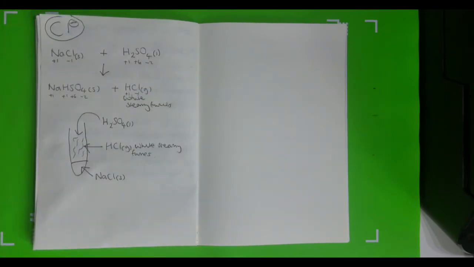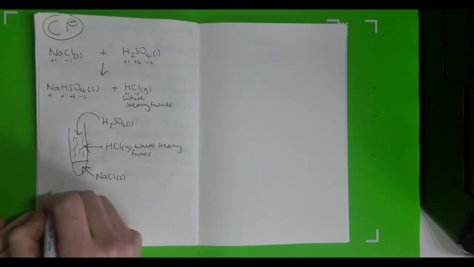So you can see there's no change in oxidation states before and after. Sodium is +1 before and after, hydrogen stays +1, chlorine stays -1, sulfur stays +6. Now if there's no change in oxidation state, then it's not a redox reaction. So this is not a redox reaction because no oxidation state has changed.